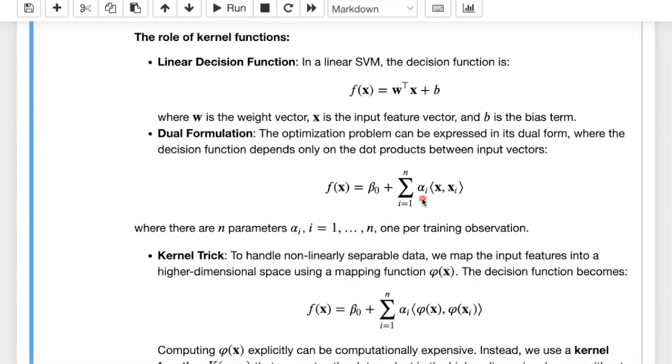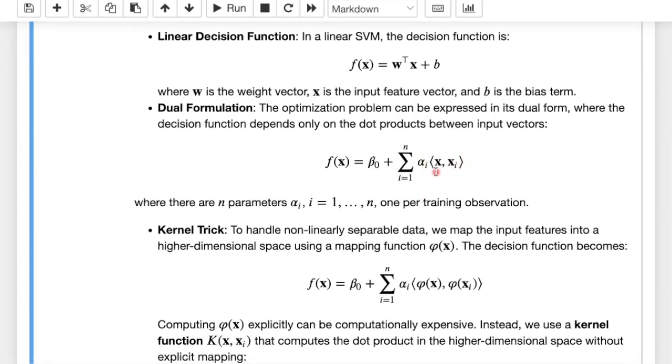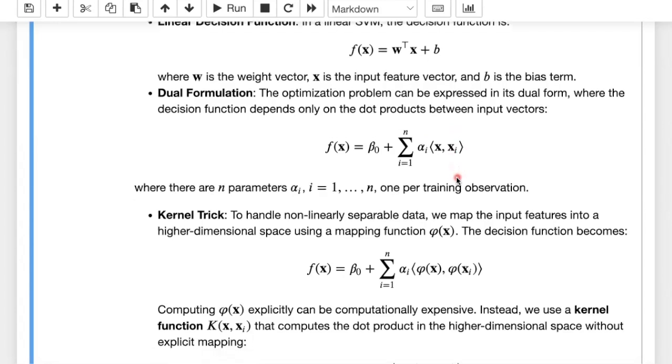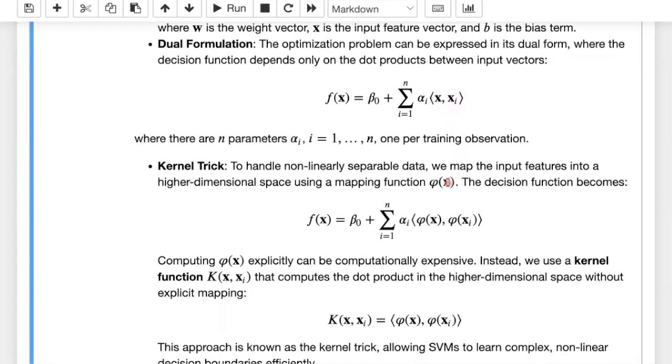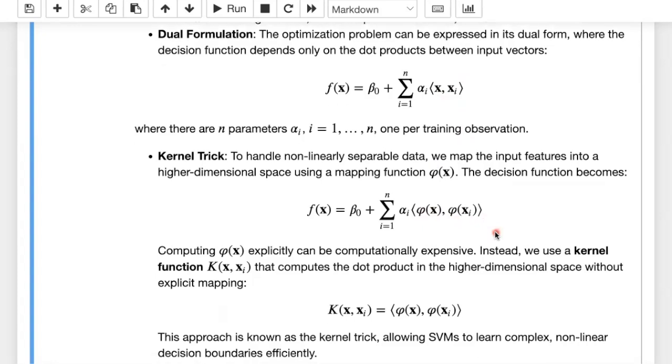With that, you can see that we have this dot product, or inner product, and we can technically find new representations or mappings of these original data points into some very high dimensional spaces where it's easier to separate these data points, and then find the dot product. So we basically have a dot product in a higher dimensional space.